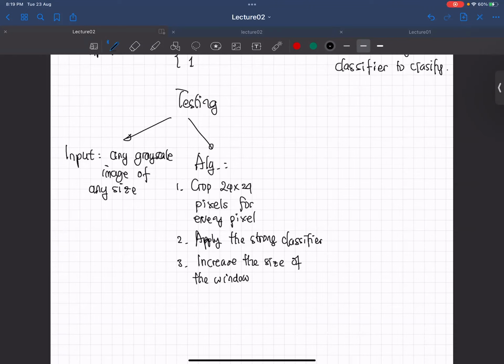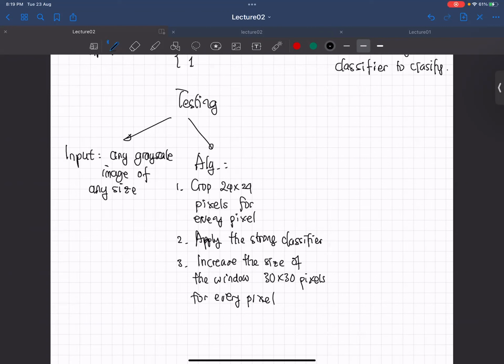Maybe 30 by 30 this time, and also scan for the whole pixels, for every pixel.